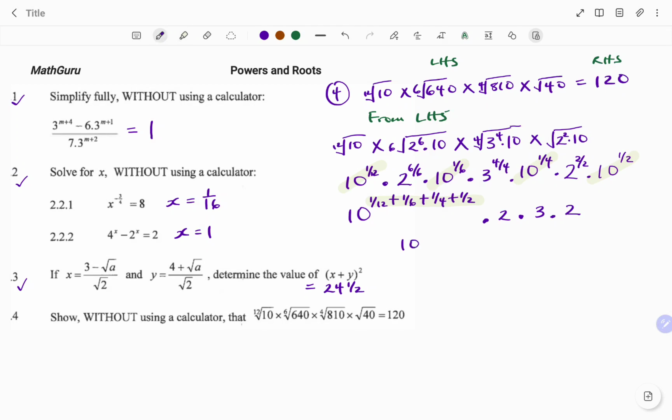So I have 10 to the power of 1 times 2 times 3, 6 times 2, 12. Therefore, my answer will be 120. So because the question says we should show without the use of a calculator, I've been able to prove that my left-hand side is equal to my right-hand side, which is equal to 120.